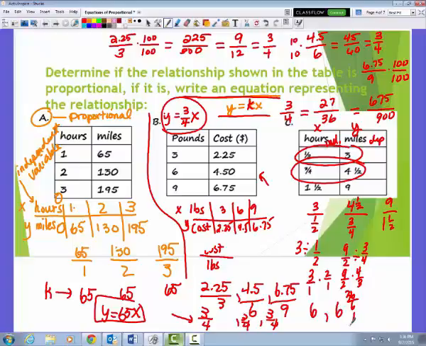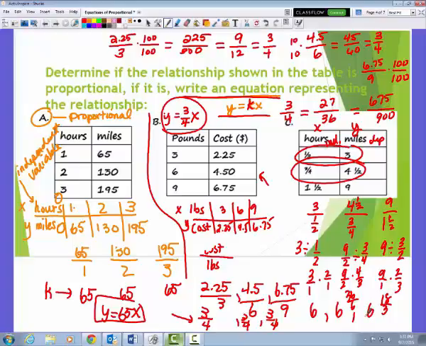And I hope that 9 divided by 1 1/2 is 6. 9 divided by, and I'm going to say 2 times 1 plus 1 is 3/2. 9 over 1 times 2 over 3 is 18 over 3, which is 6 again.